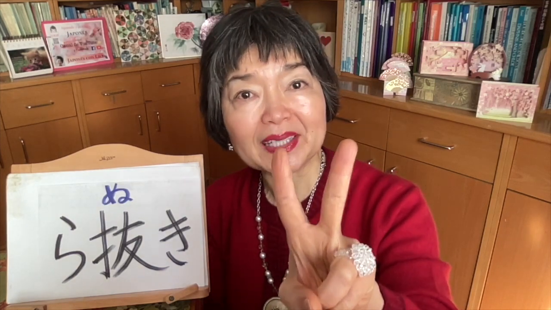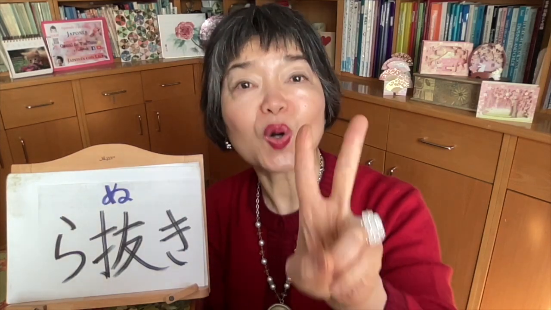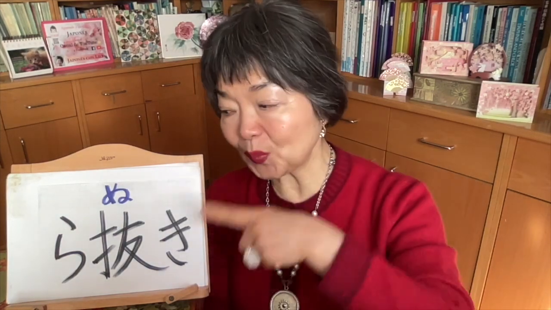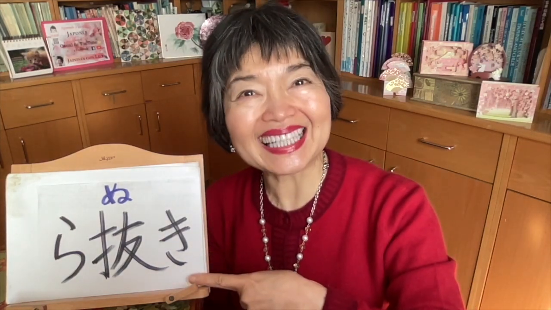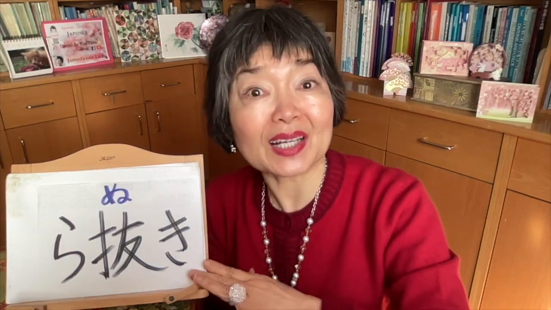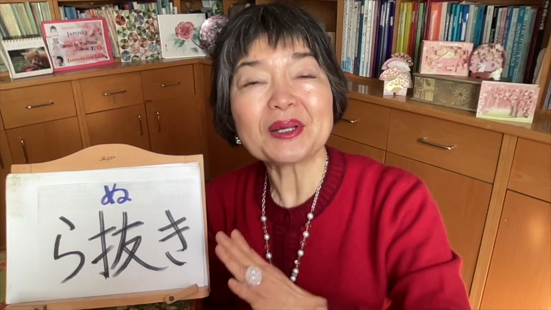The first one in the formal way, the second one in the casual way, but these 2 are correct grammatically, okay? And the third one with ら抜き, omitting ら, because I want you to get accustomed to it. Even though this is not correct grammatically, this is the way many Japanese people talk in daily life.